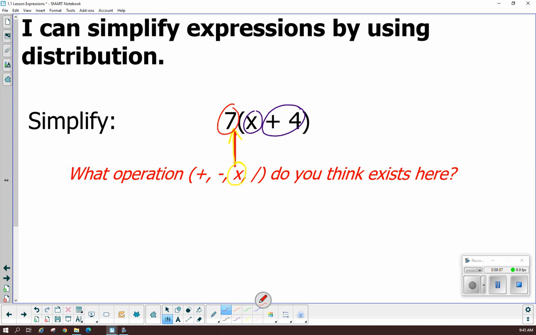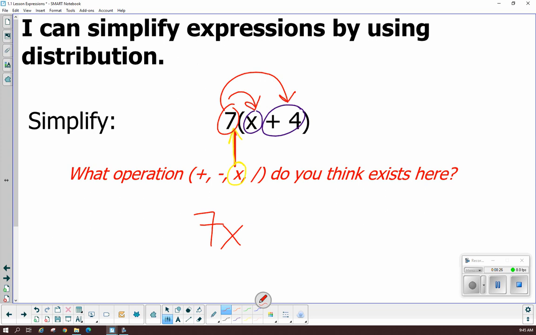So that means I'm going to multiply 7 times x, and you might have seen it shown this way before. And I'm going to multiply 7 times positive 4. When I multiply 7 times x, I don't really get anything unique. It's just 7x.